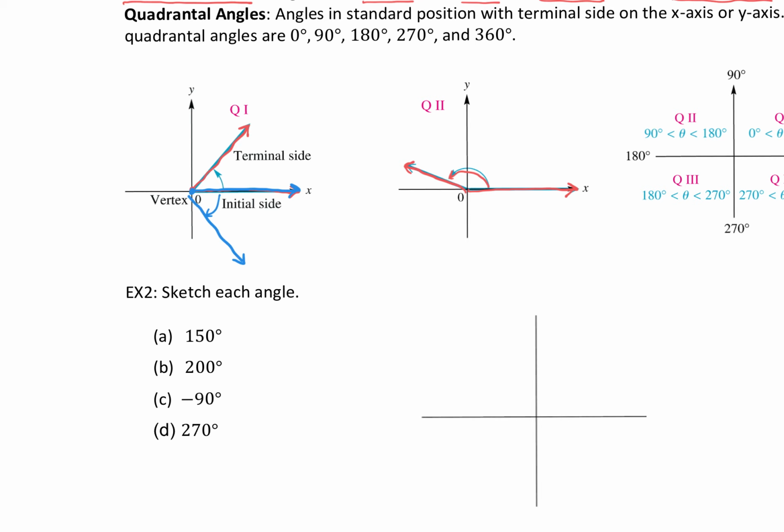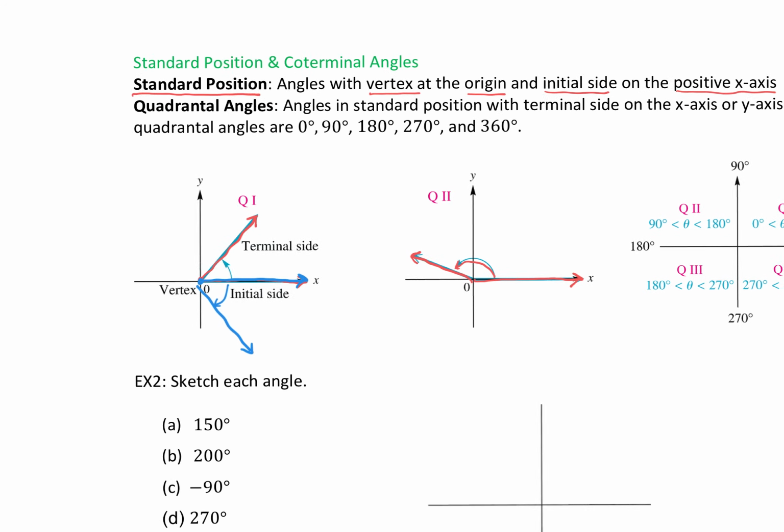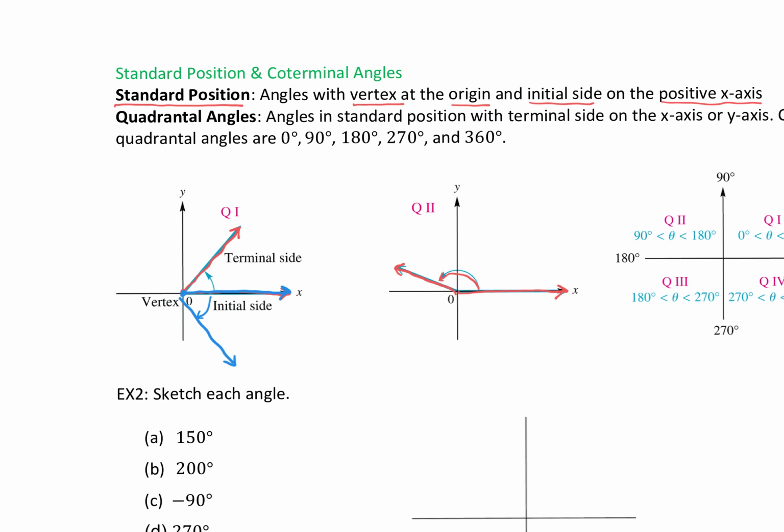There are special standard position angles, and I typically don't use this language, quadrantal angles. So the quadrantal angles are just angles that happen to fall on either the x or the y axis.